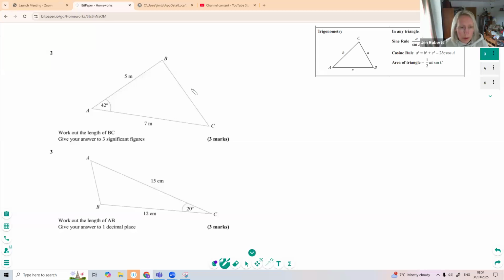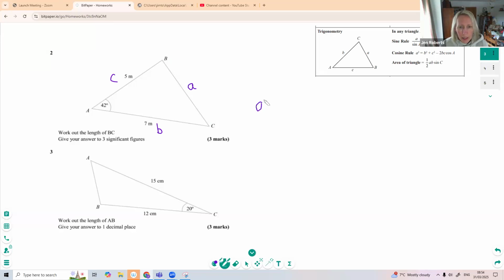Okay, for this one, here's your little a, big A. Because that has been labelled as big B, I will call that little b. That's my unknown. I could call it x.